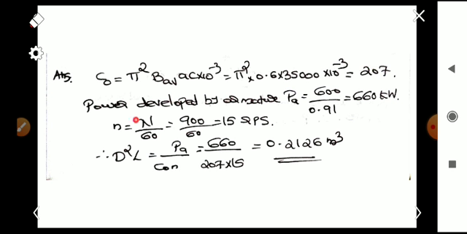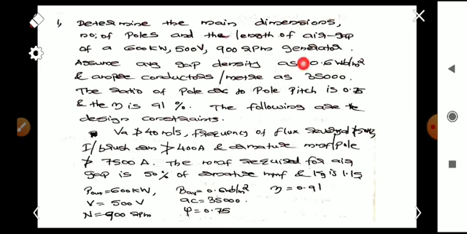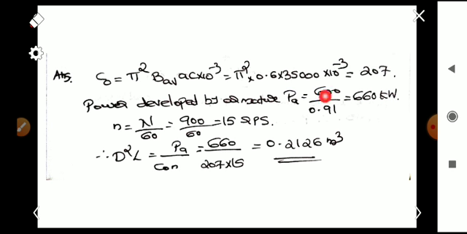After that, the power P_a. Here it is a DC generator, so P_a will be equal to output by efficiency. So 600 by 0.91, we will get 660 kilowatt. And small n, that is speed in RPS, is speed in RPM by 60. So 900 by 60, it is 15 RPS.